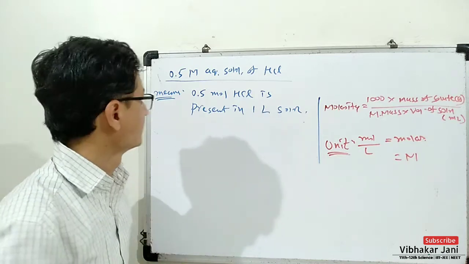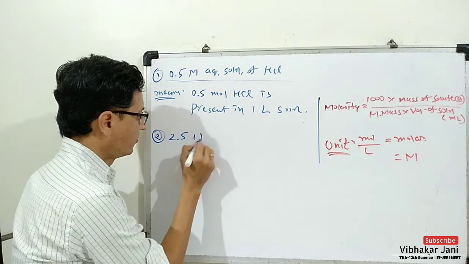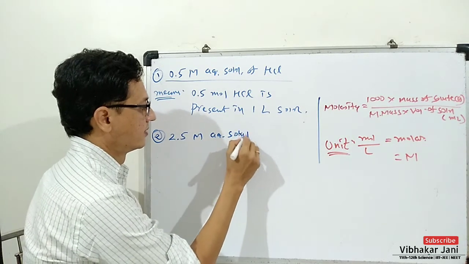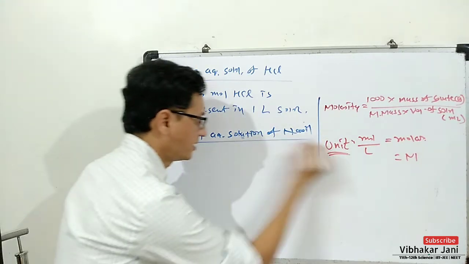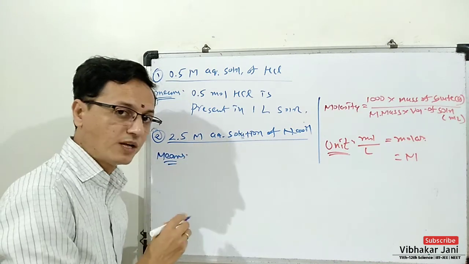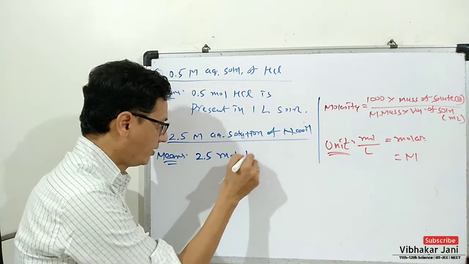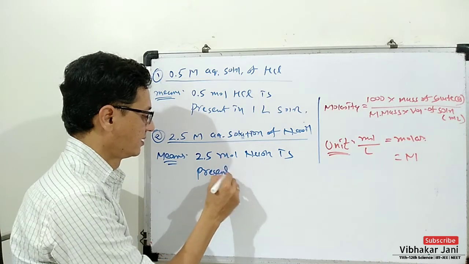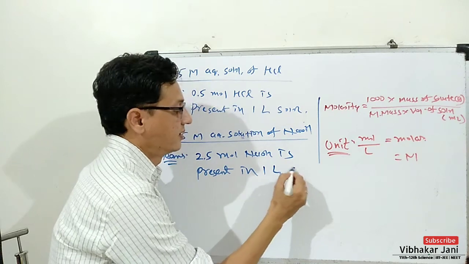Second example. Suppose somebody says 2.5 molar aqueous solution of NaOH. If this kind of statement is given, then it means, now you can tell me, 2.5 mole NaOH is present in how much liter? 1 liter solution.